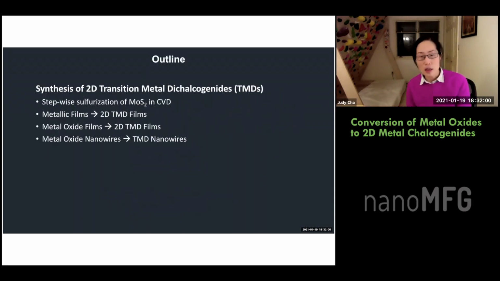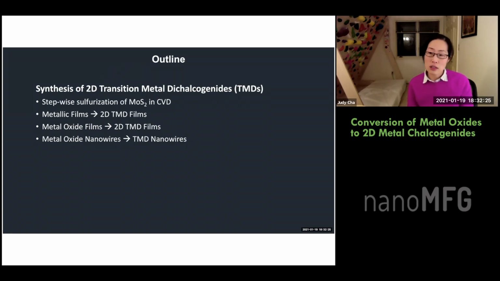So first, just the sulfurization of MoS2 using moly trioxide and sulfur. But I was always wanting to do large area growth of 2D films. So I started out by converting metallic films. It's a bad idea. Then we moved to converting metal oxide films, much better.